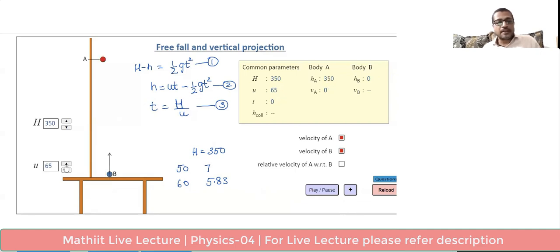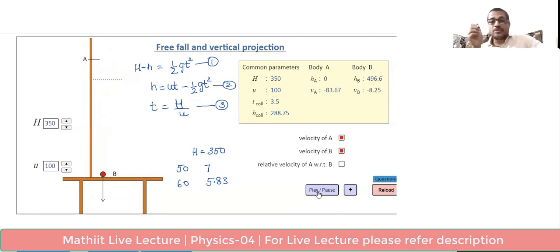Okay. Let us look at just one more case. Let us really fire it up. 80, 90, 100. 100 is the upper limit that I have given. Now let us fire. You see, B has already gone out of screen, but don't worry, it will come down.